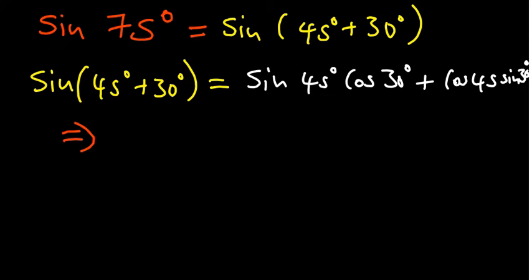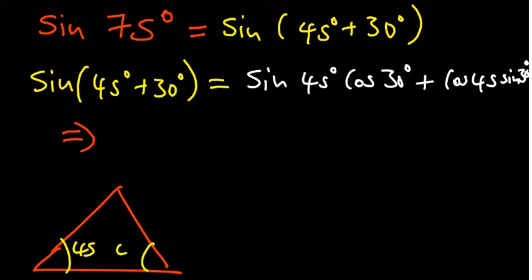Sine 45, I'm not able to remember sine 45. So there's this triangle we did talk about in an earlier video of the trigonometry series, the first introductory video. You can go back to it if you've forgotten. 45 is one of the special triangles, and these sides are equal. So if you use Pythagoras to find this other side, it is root 2.